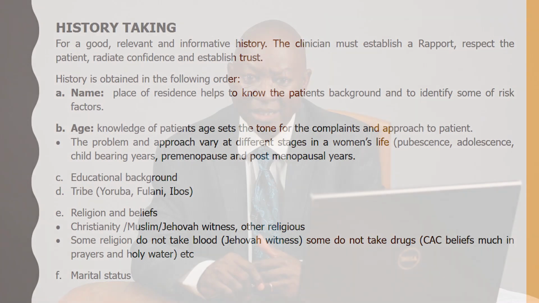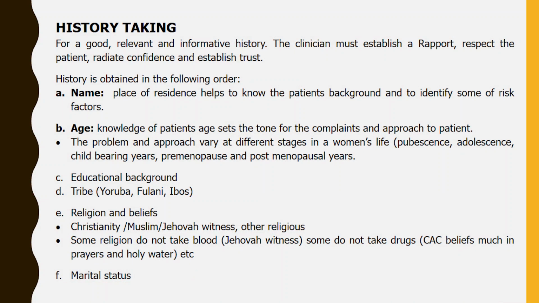Again, prognosis of most diseases is worse in women that are poorly educated compared to those who are highly educated. In our clients, we need to ask about the tribe, whether white, black, or whether it's Igbo, Yoruba, or Hausa Fulani. This is very important.